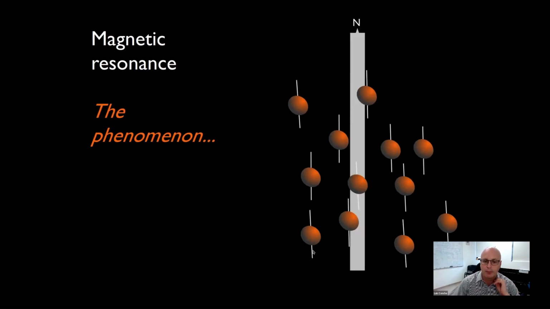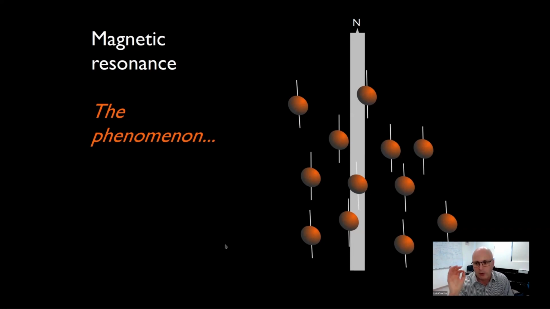But when you put them inside a main magnetic field, again called B0, suddenly they all align to this main magnetic field B0. So they're neatly organized, all pointing in the same direction, and, not exemplified here because this is not an animation, they are precessing around B0 as we saw before.